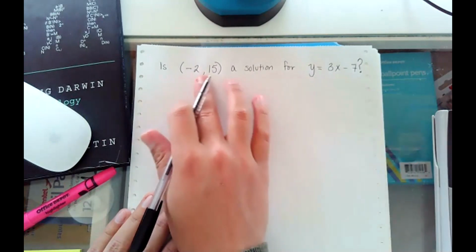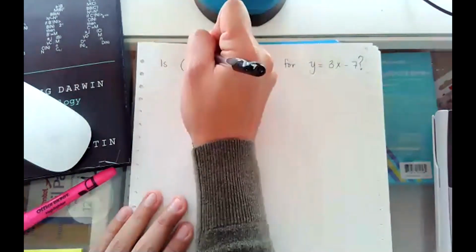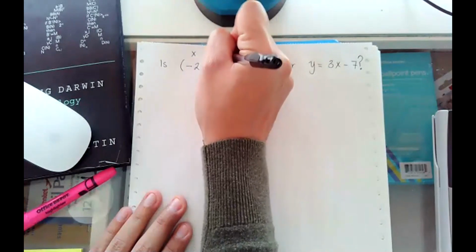And what you'll have to remember here, and I'll touch on this in more detail, the first value is always the x value, and the second value is always the y value.